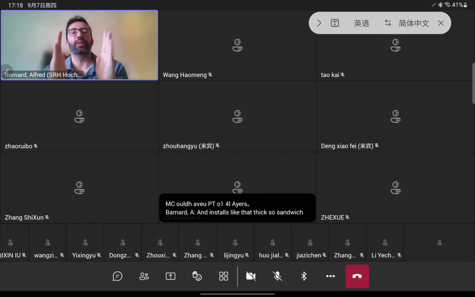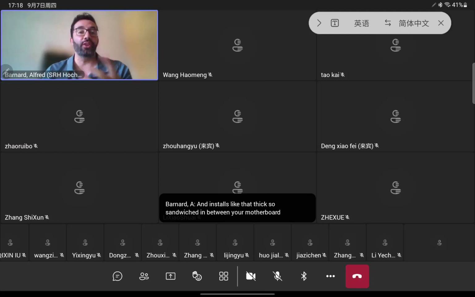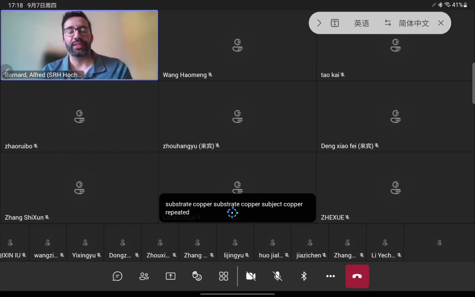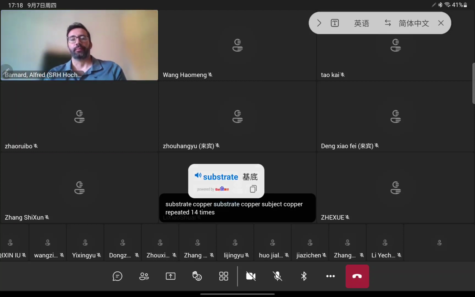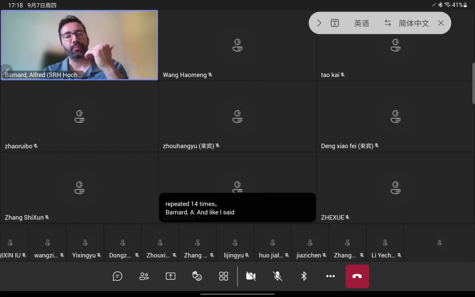So sandwiched in between your motherboard, you might have 14 layers: a layer of copper or whatever conductor material, substrate, copper, substrate, copper, repeated 14 times. And like I said, we do this just to ensure that our components are easier to connect.